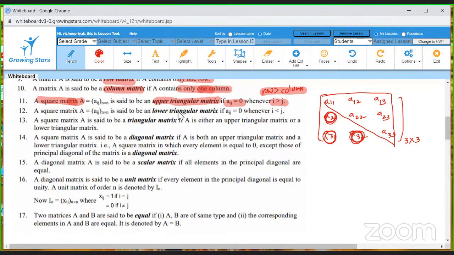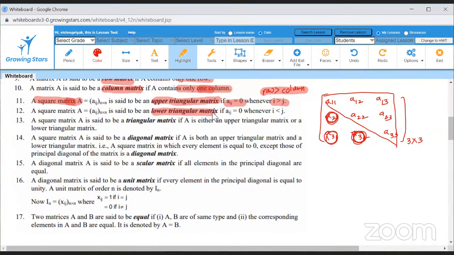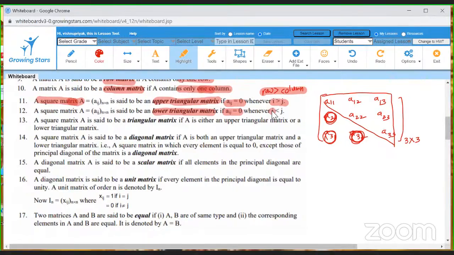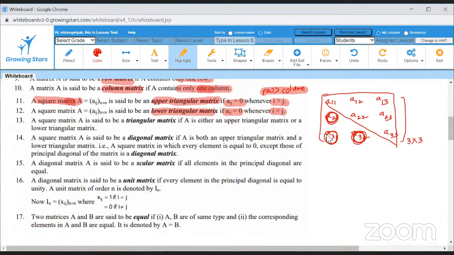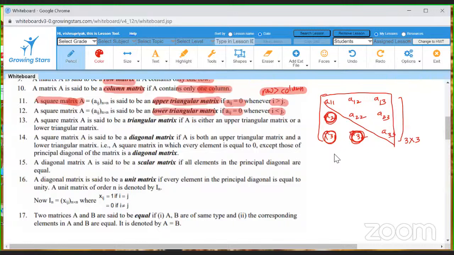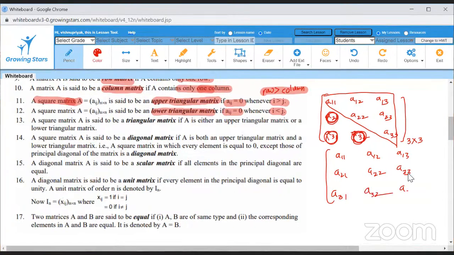Similarly, lower triangular matrix. The elements will be 0 whenever the row is less than the column. For example, you have A11, A12, A13, second row, first column, second row, second column, second row, third column, third row, first column, third row, second column, third row, third column.